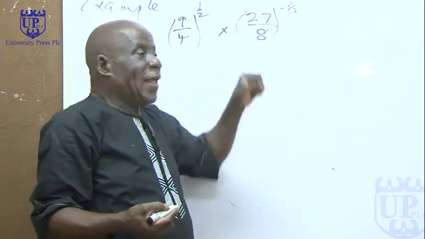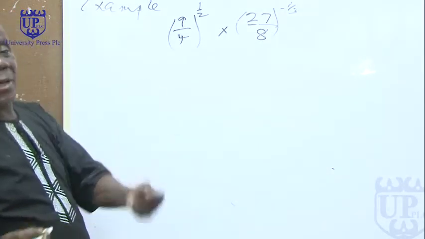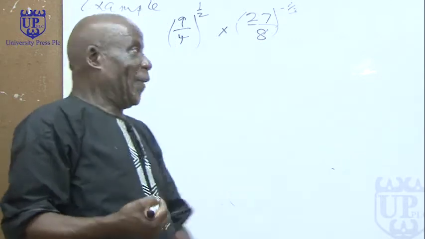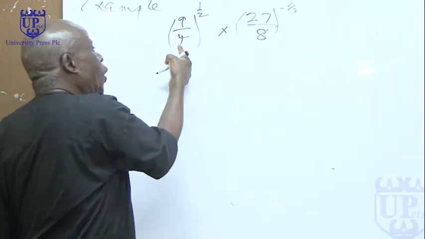No. Now separate them. You have to handle them term by term. This one means 9 raised to power half divided by 4 raised to power half.